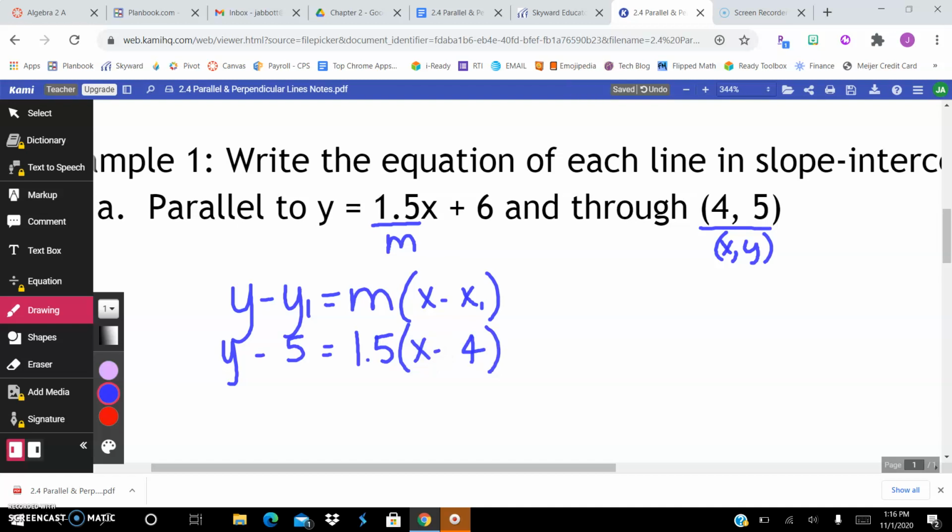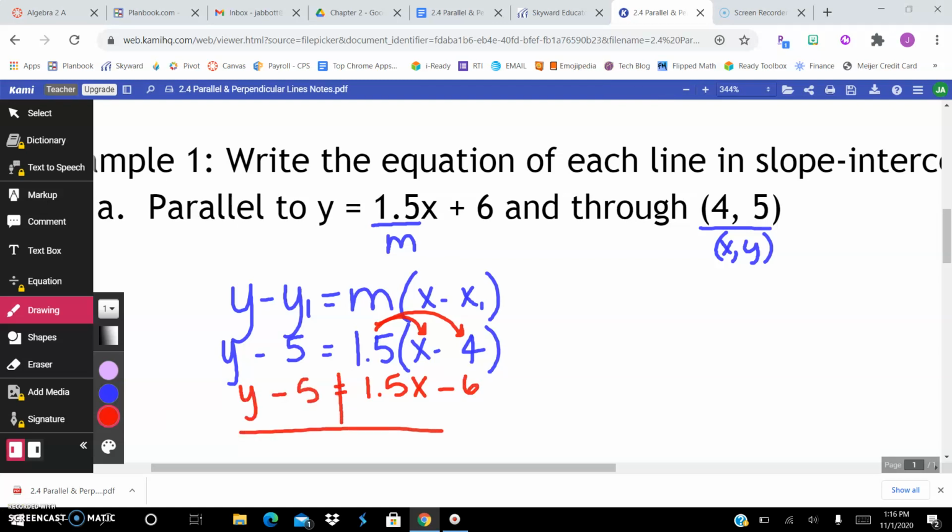Then because it wants it in slope-intercept form, and this is point-slope form, we are going to have to distribute the slope. So we're going to have 1.5x, and 1.5 times -4 is -6. Then we bring the y minus 5 down over here.